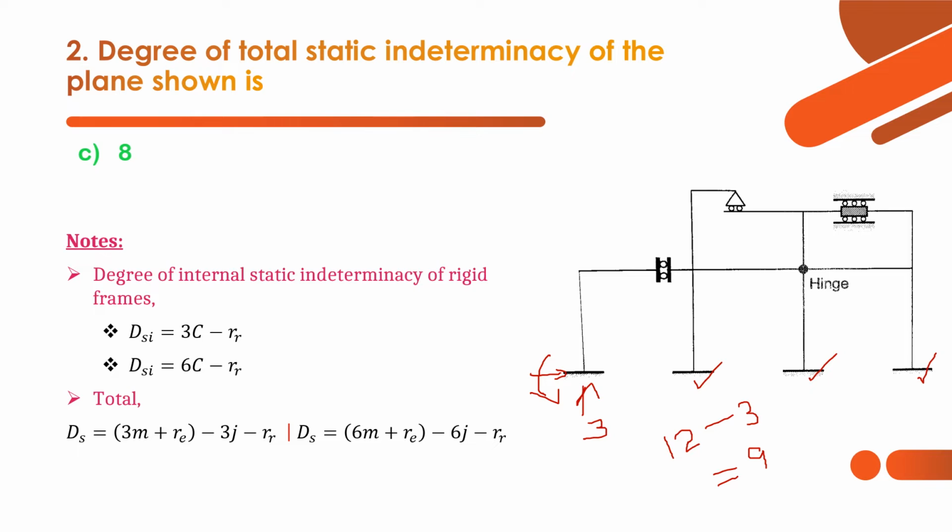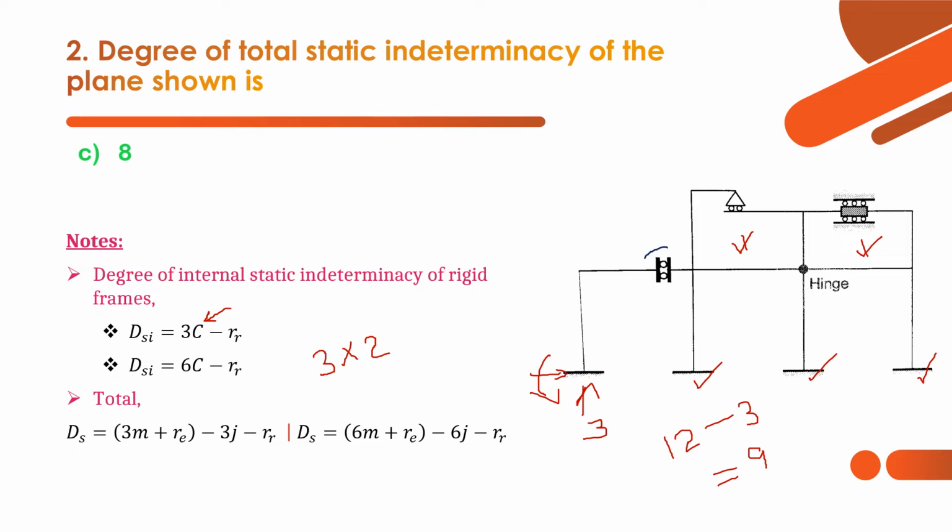And let's calculate the internal static indeterminacy: 3C minus Rr. What is C here? C is the number of closed loops. We have a closed loop here, and one closed loop here. So we have two closed loops in this given structure. And let's calculate the force releasers.